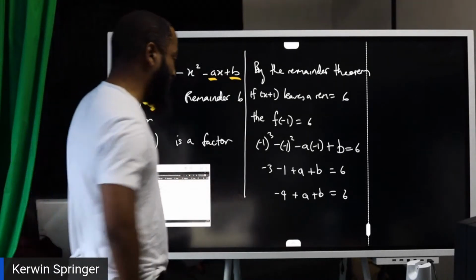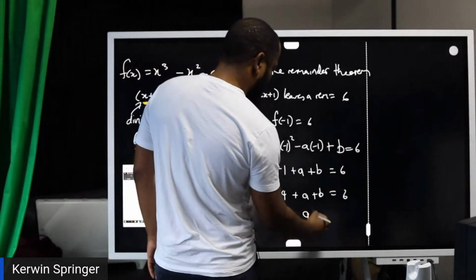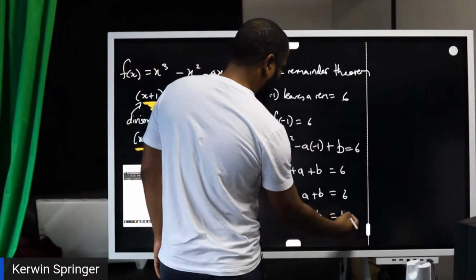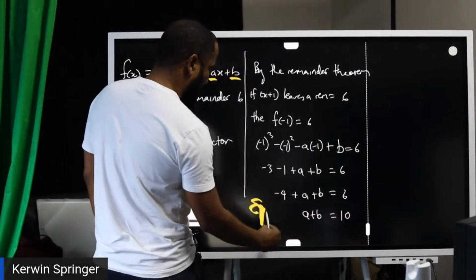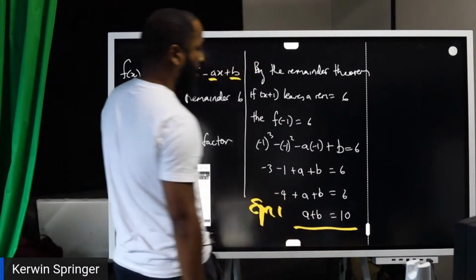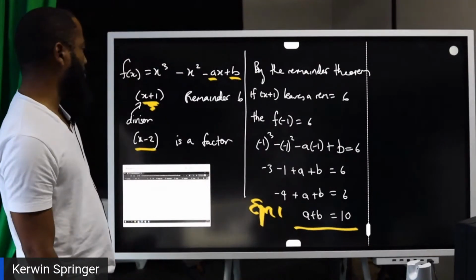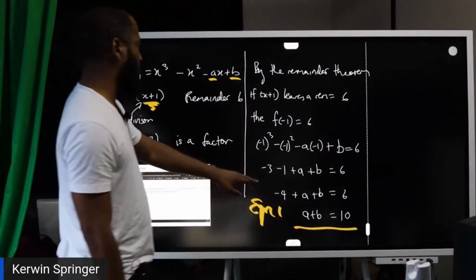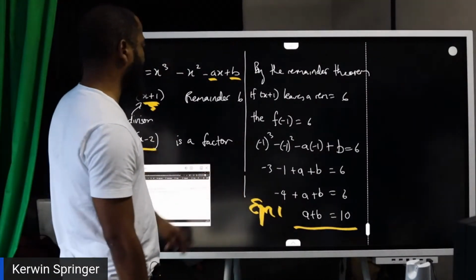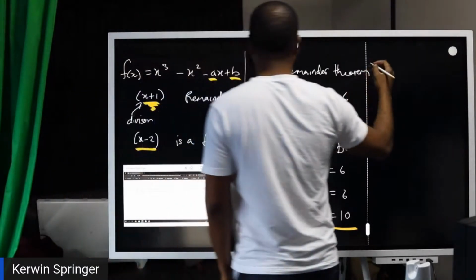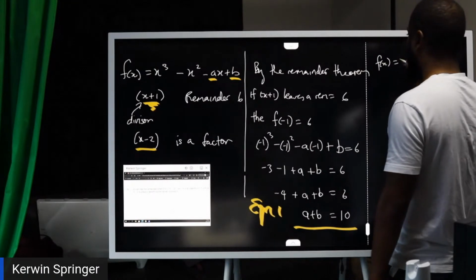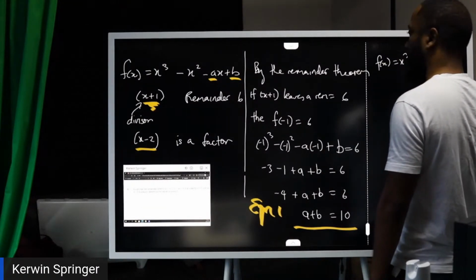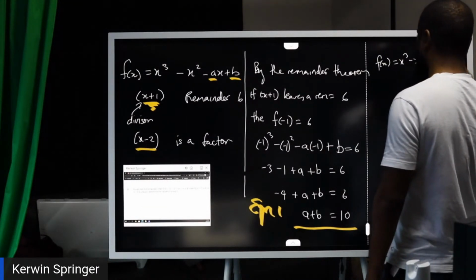Anyhow, so this is going to be a plus b is equal to 10. This is equation 1. I'm going to generate the next equation now. We're using the same f of x, x cubed minus x squared minus ax plus b.